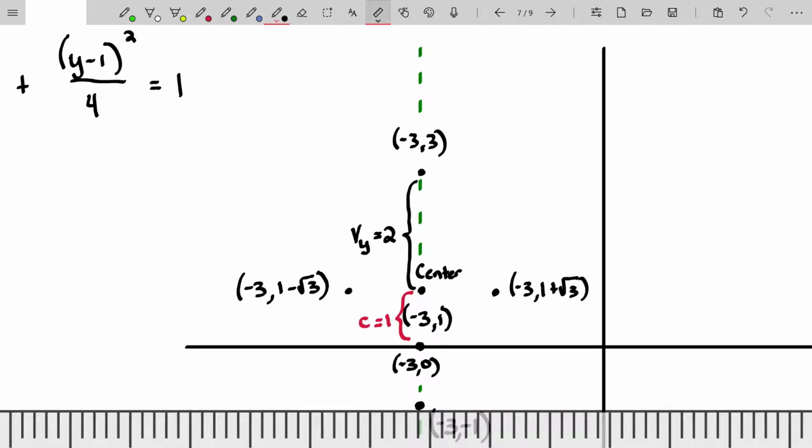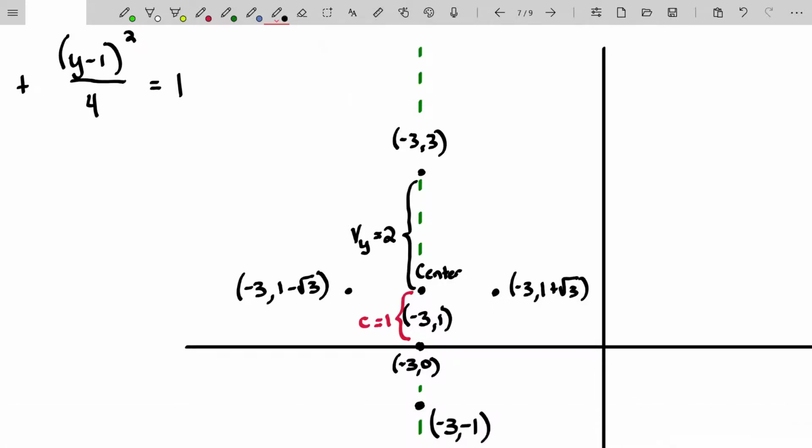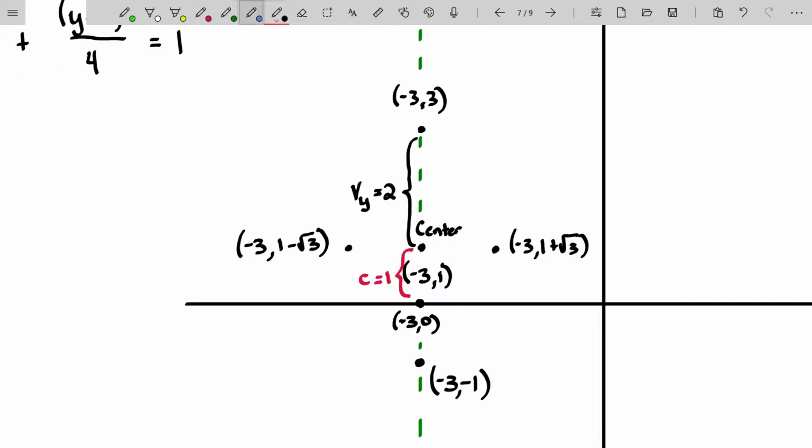I do that because 1 and root 3 don't play well together, so it's easier to write it that way, and you should be allowed to write it that way in your class as well. That's called exact form, and that's how you want to keep it. Now I'm quickly sketching the graph here, and then we'll finish out the equation.